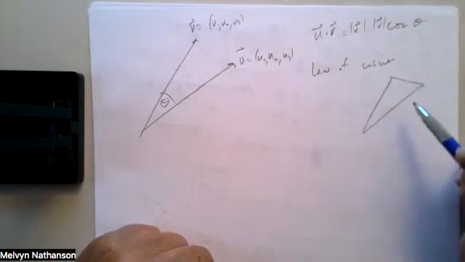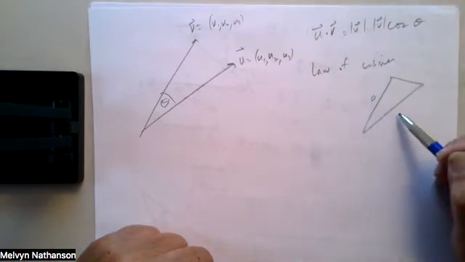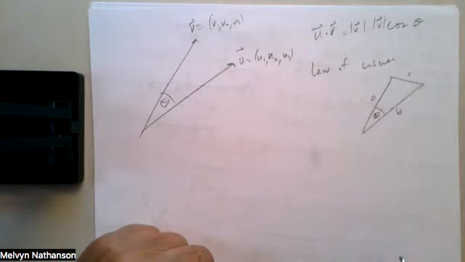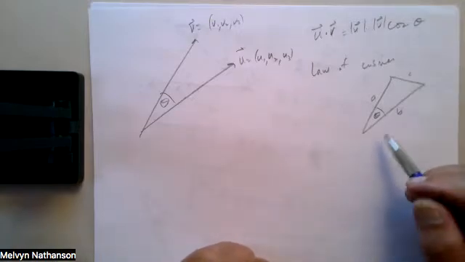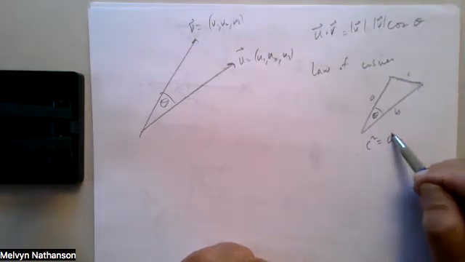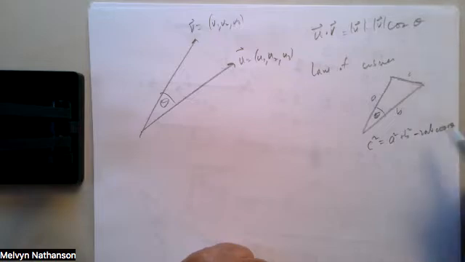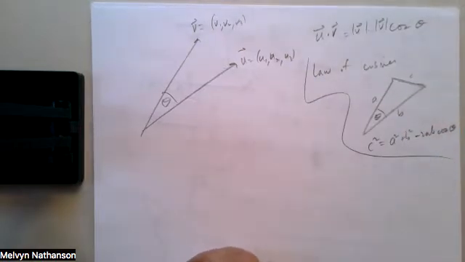If you have a triangle, let's say this is A, this is B, this is C, and the angle between A and B is theta, then the law of cosines says that C squared, the side opposite the angle, is A squared plus B squared minus 2AB times the cosine of this angle.